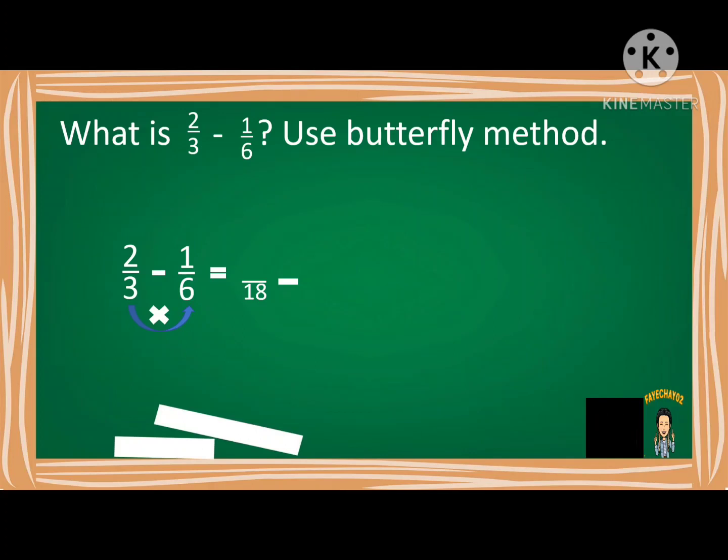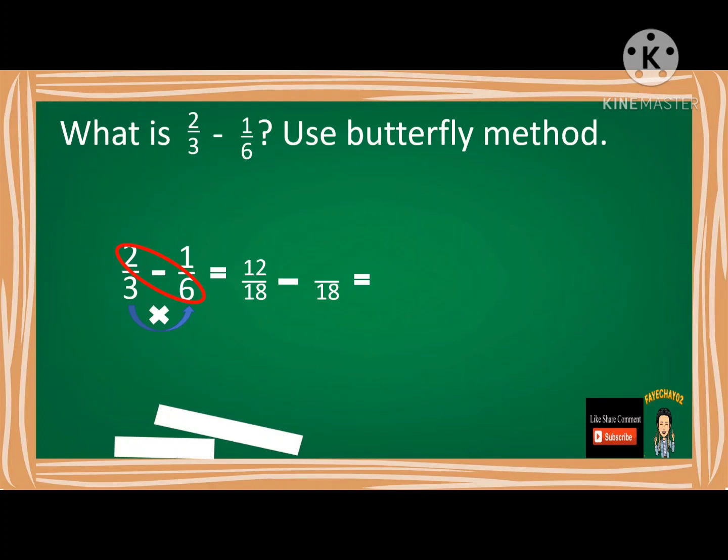Then multiply the numerator of the first fraction and the denominator of the second fraction. So, 2 times 6 is equal to 12. 12 is the new numerator of the first fraction.